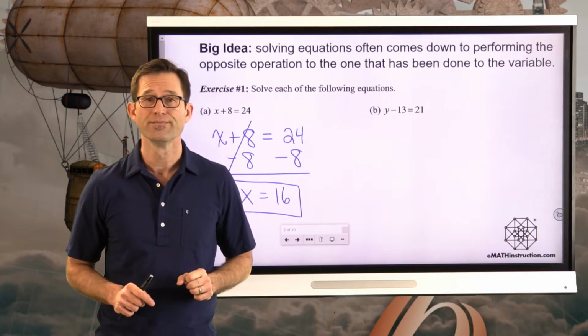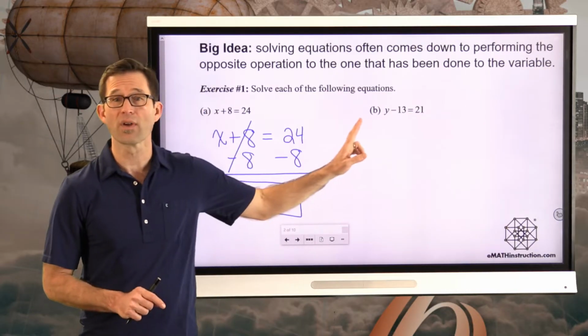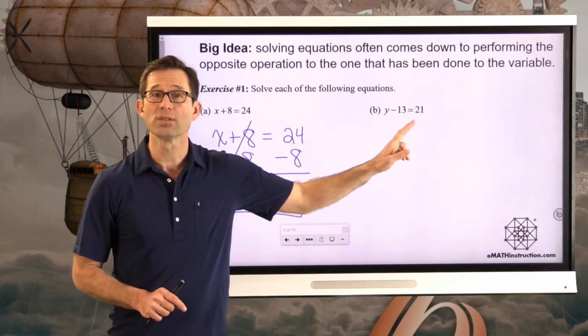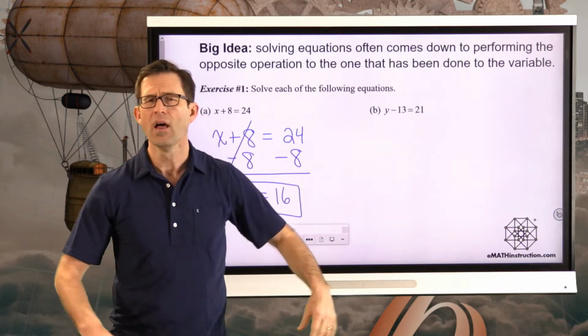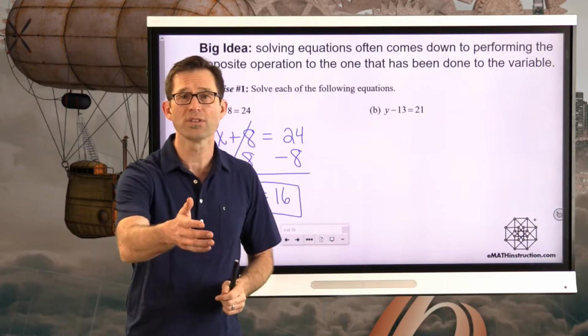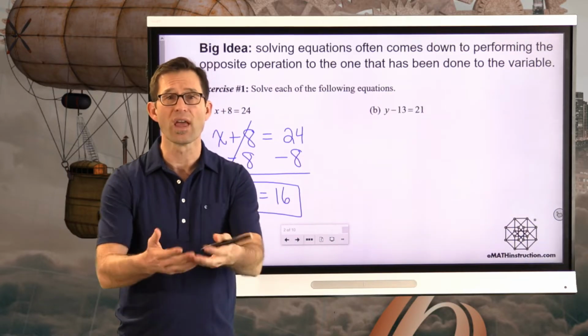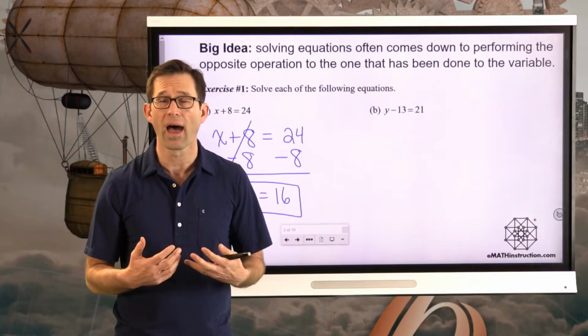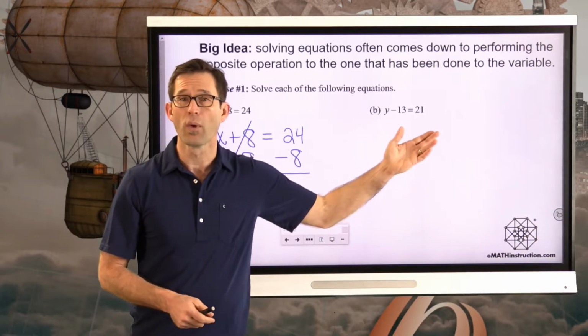All right, well, for letter B, of course, we've got the variable y minus 13 equals 21. Again, the same idea. Let's say I had some unknown amount of money, and I gave you $13, so $13 were taken away from the amount of money that I had, and then it left me with $21.